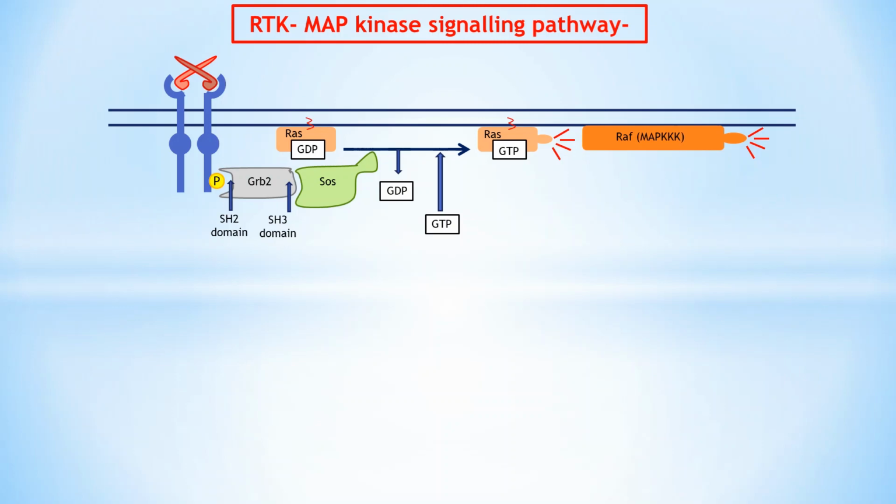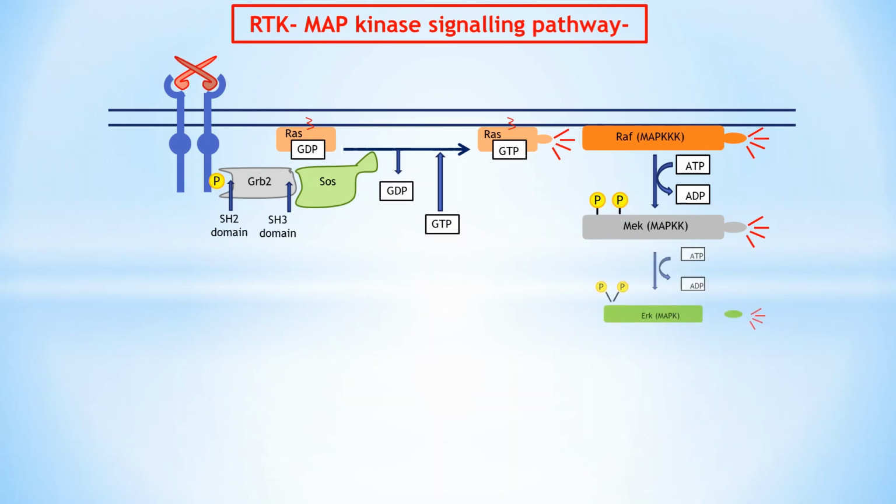The activated RAF in turn phosphorylates and activates the next protein called MEK, or MAP kinase kinase. This activated MEK now phosphorylates and activates the protein ERK, or MAP kinase. This is the final kinase of the MAP kinase module.